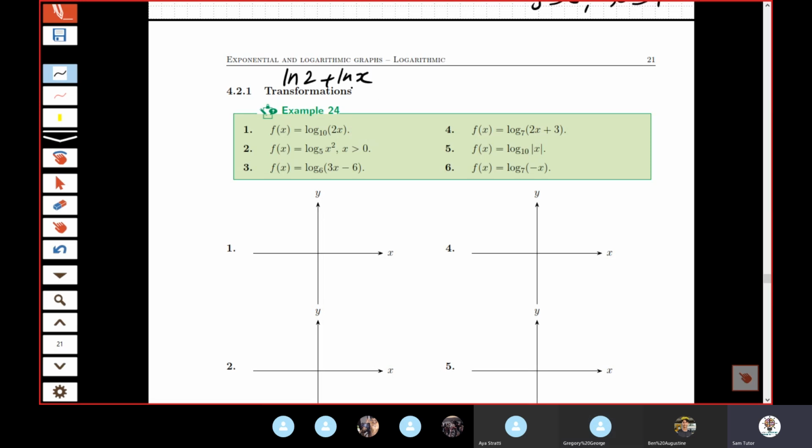So your log x curve is that. Plus log 2 is just a shift up. Even if you shift it up, it'll still look like that. It's just that the intercept will change.